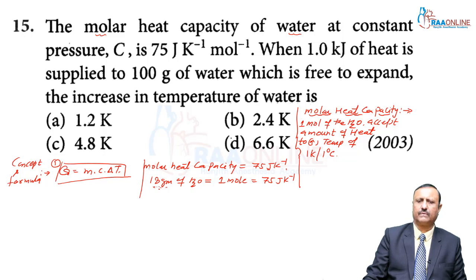Now, 1 gram of water accepts 75 upon 18, and for 100 gram of water, that is 75 upon 18 into 100 joule per Kelvin.